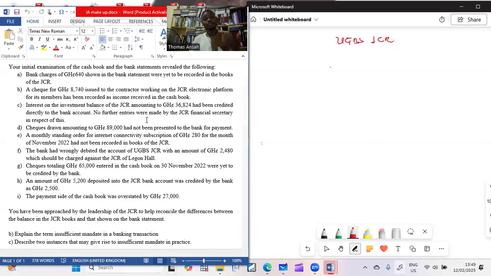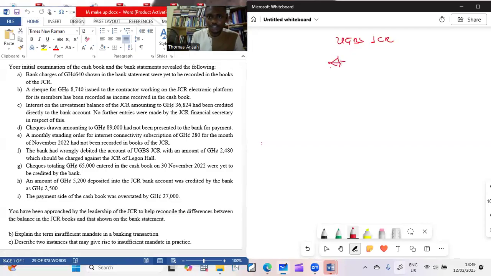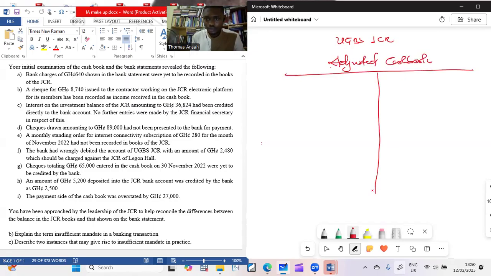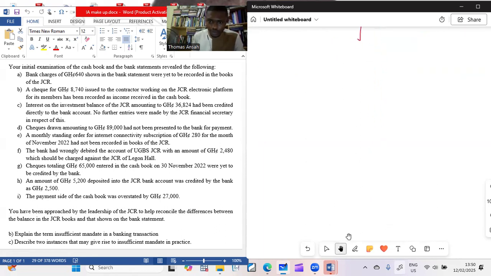Adjusted cash book, and you will also be doing the bank reconciliation statement. So these are the requirements. You are required to do that. All right. So adjusted cash book, set it up fast. Then don't wait.